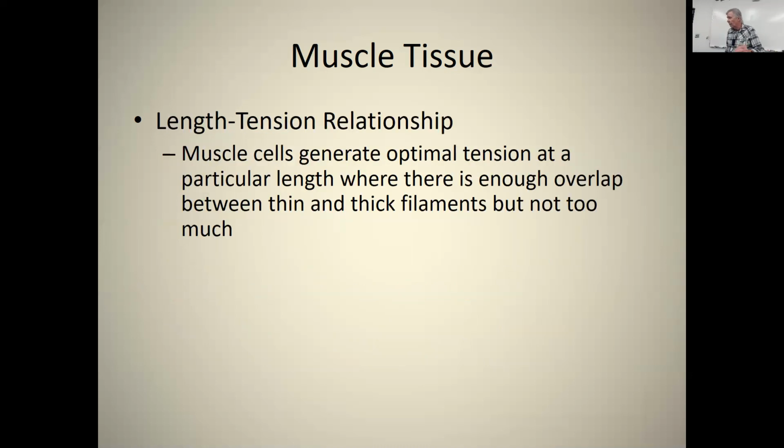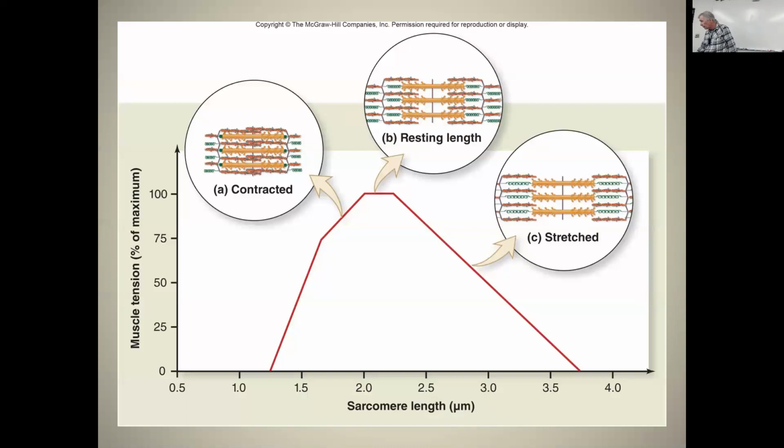So length-tension relationship. Muscle cells generate optimal tension, I already mentioned this, at a particular length where there is enough overlap between thin and thick filaments, but not too much. And there is the length-tension relationship: muscle tension on the y-axis, sarcomere length on the x-axis. So here, there's optimal overlap to generate maximal tension. Here, there's less overlap, so there's less space.